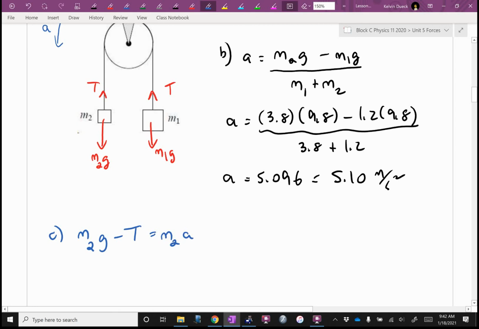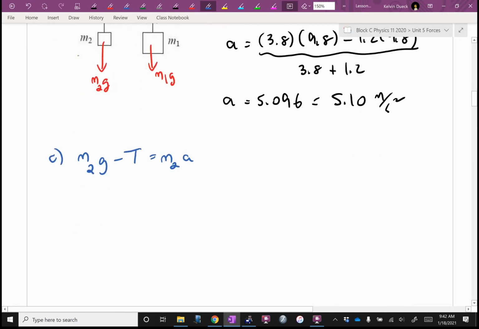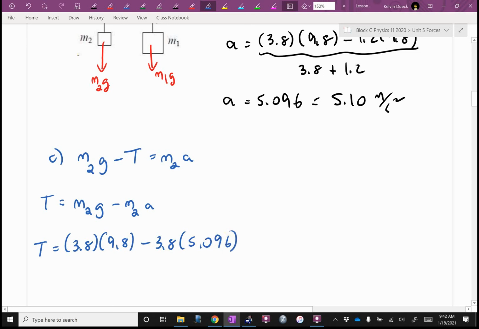What's right in front of the T that I don't like? So, swappy dance. M2G minus M2A equals tension. 3.8 times 9.8 minus 3.8 times 5.096, or use your answer button.